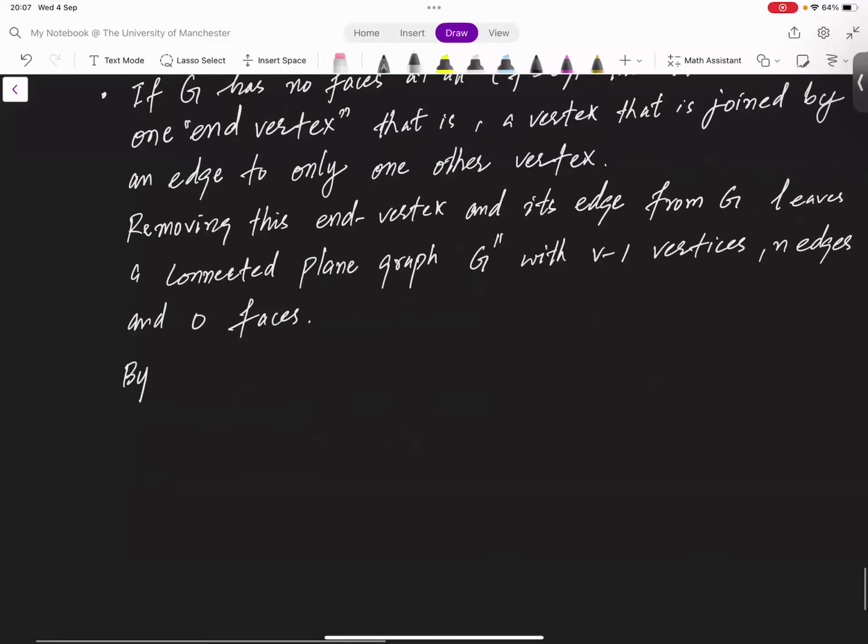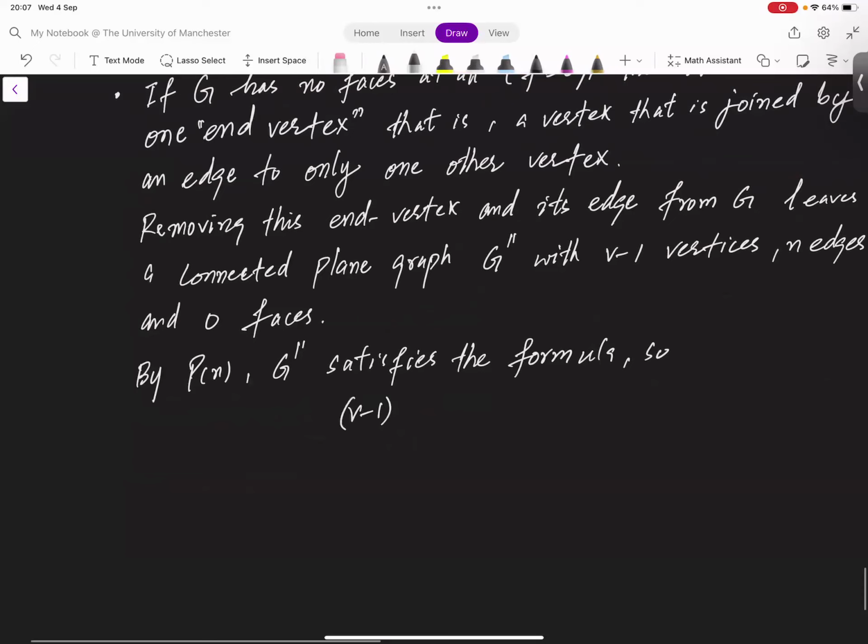Then by P of n, G double prime satisfies the formula. So V minus 1 minus n plus 0 is 1. Hence, V minus n plus 1 plus 0 is 1, which is the formula for G.